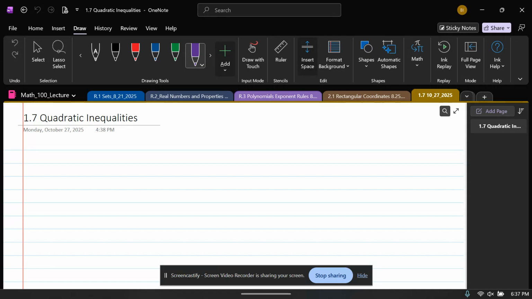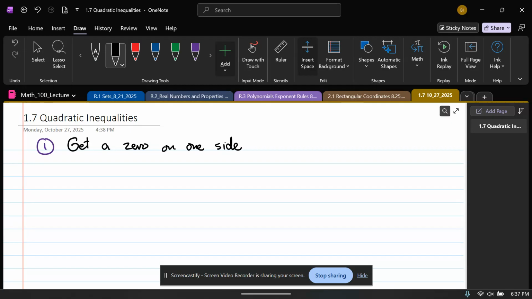But 1-7 is quadratic inequalities. So when you're solving quadratic inequalities, it's a process, okay? The first step, get a 0 on one side. Well, we've heard that already, right? That's what we did when we solved equations.